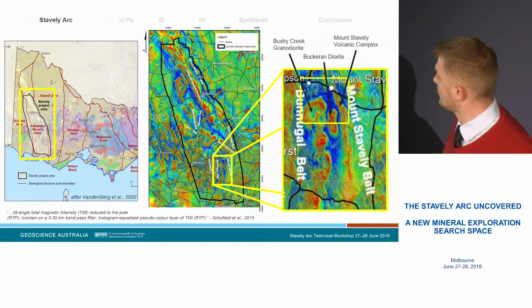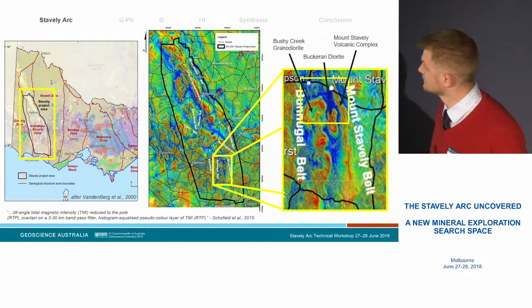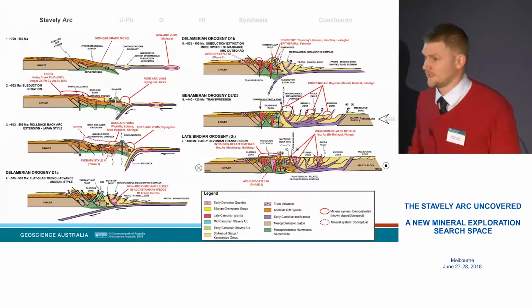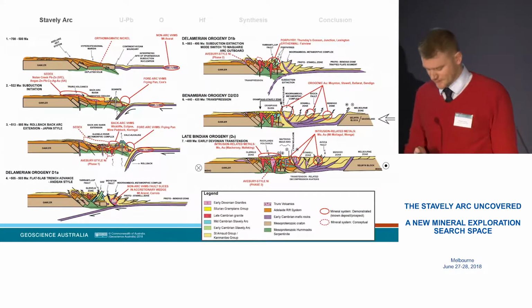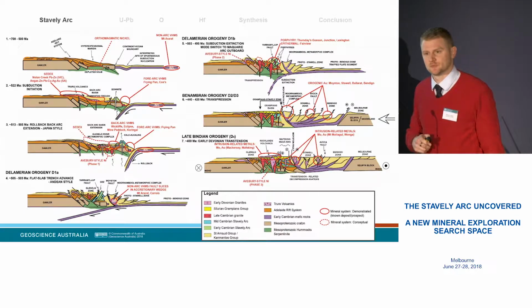So where are we? We're essentially looking at the Stavely belt here. We have the Buckaran diorite and the Bushy Creek granodiorite. This is the GSV GA preferred model. The small area that we're looking at is really constrained to about 10 million years or so.